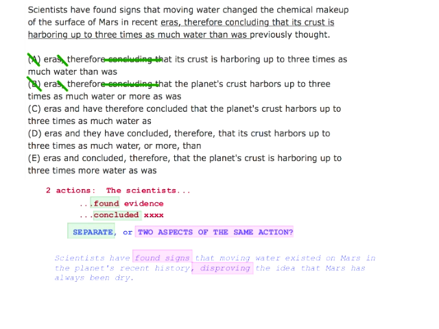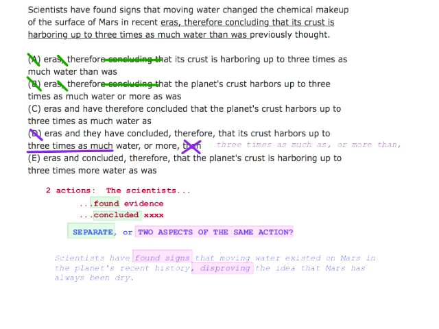If you have 3 times as much, you have to have 3 times as much as. So if you were going to have a construction like what is in D, then this would have to be 3 times as much as, or more than.